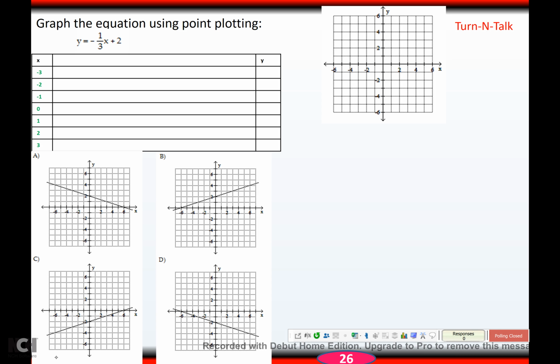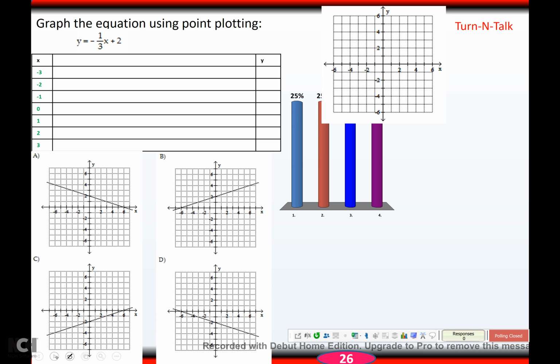Alright, so you do this one. And you should get A. And just use a calculator. You literally type parentheses negative 1 divided by 3 parentheses times parentheses negative 3 plus 2.